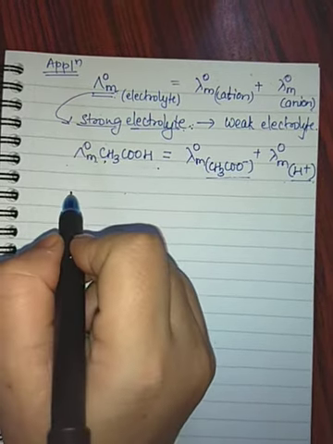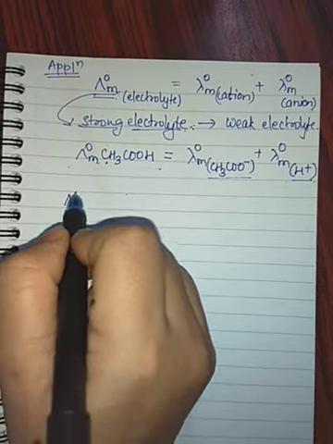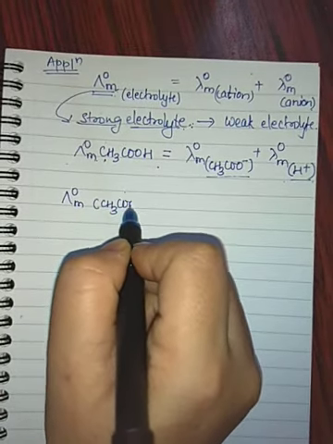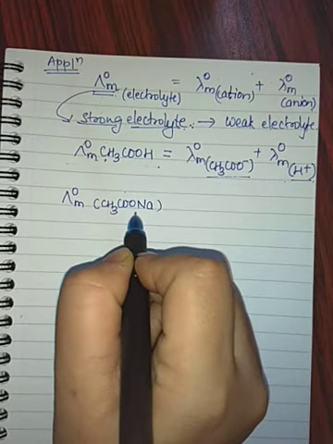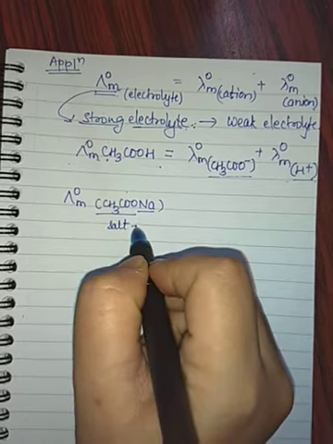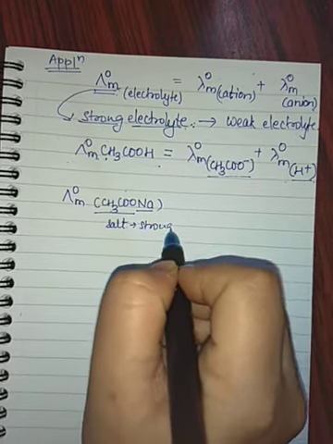But if we know the limiting molar conductivity of sodium acetate, it's a salt, and all salts are strong electrolytes.